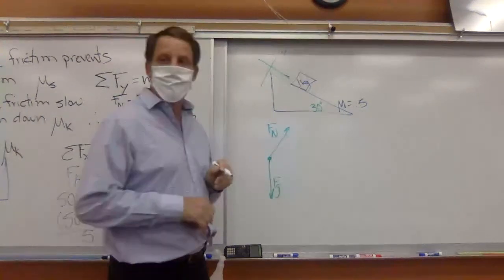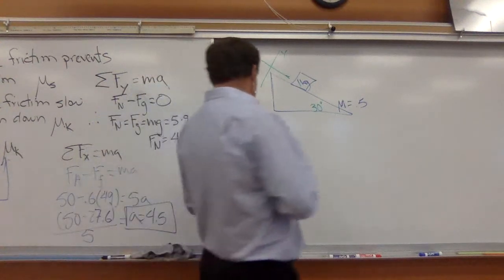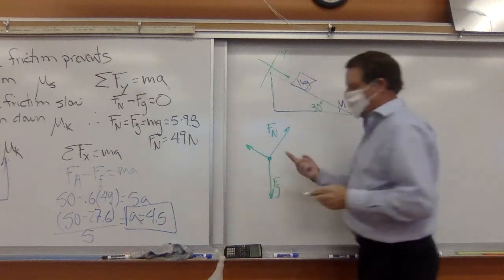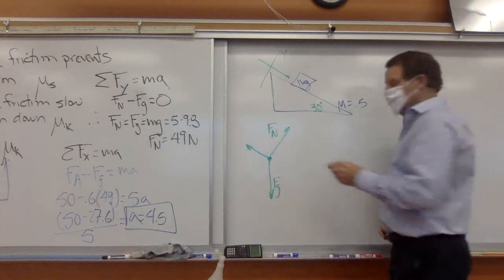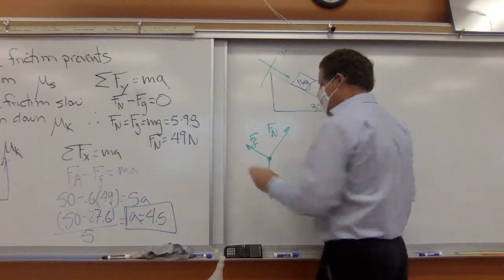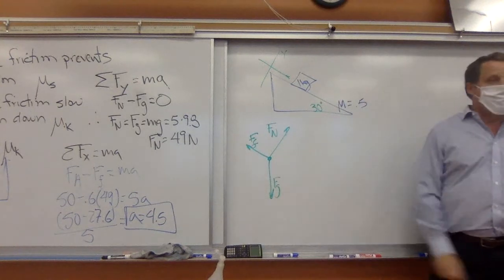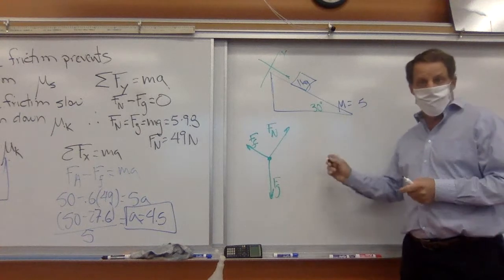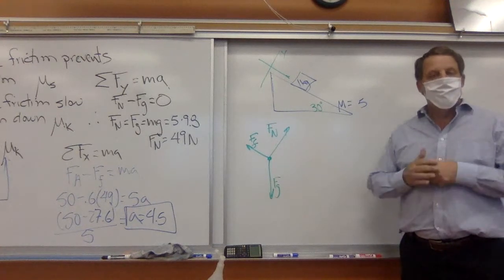Gravity is always going to be going straight down. And then plus friction. And if there's friction, it's going to be going up the ramp. Okay, so that right there is our free body diagram for this, right?